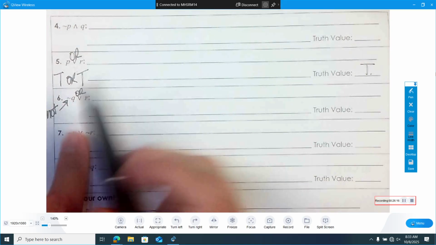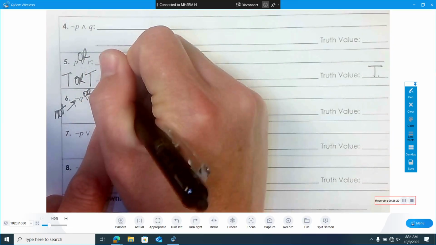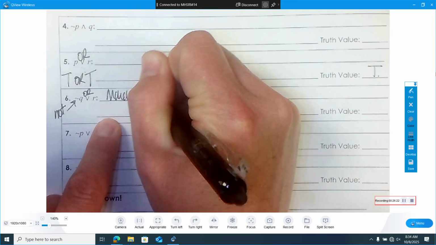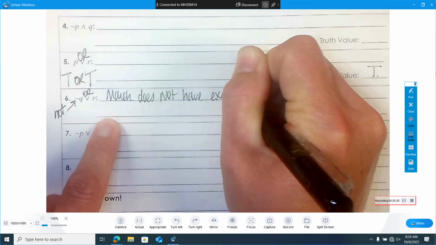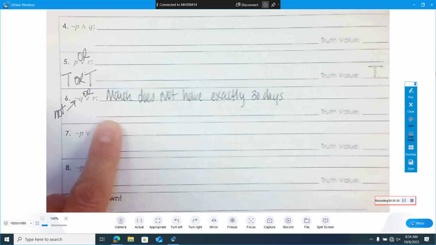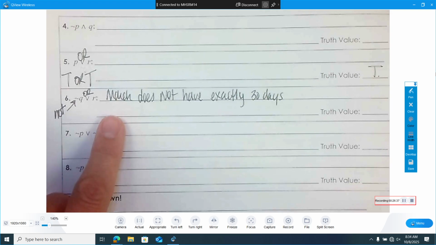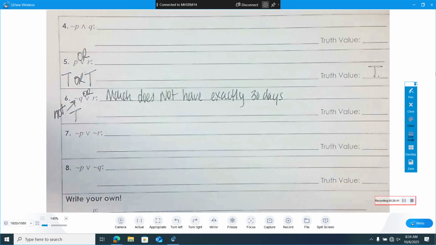What is not Q going to be? Yeah. March does not have exactly 30 days. Okay. We knew the other one was false. What's this one? True, yeah, that one has to be true.